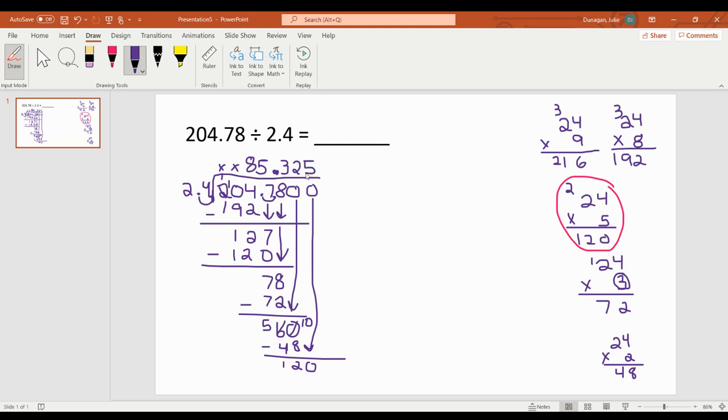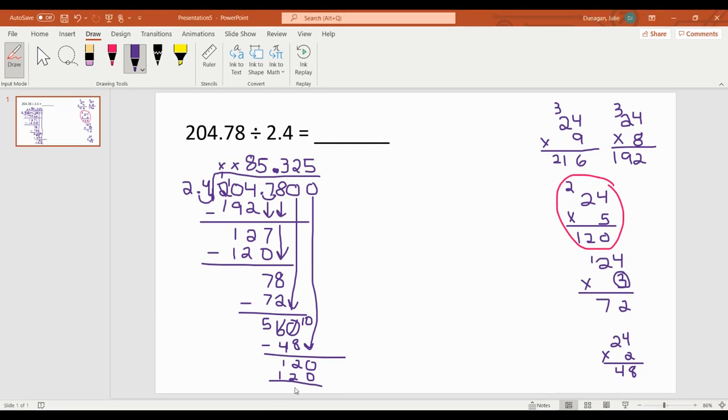Okay, so I'm going to write down my 5 this time. 5 times 24 is 120. 120 minus 120 equals 0.